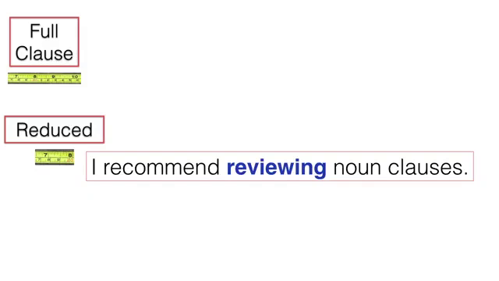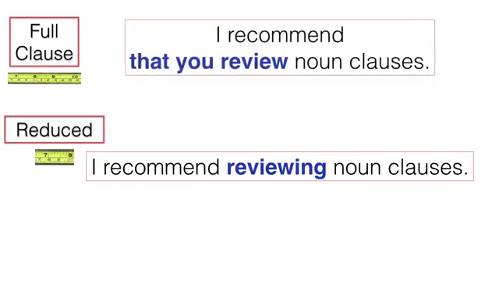Can you think of what the original full noun clause might have been? It was this. I recommend that you review noun clauses. Notice that we have removed that and you and have made review a gerund, reviewing.